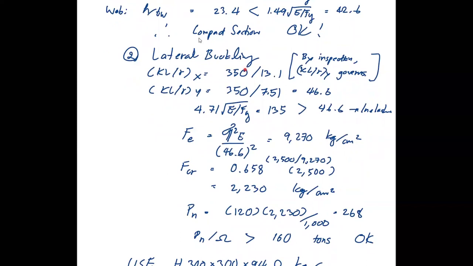And the smaller KL over R will give you greater P nominal. So now you know which load you are going to choose. But naturally, you should feel that this way is more slender, so it should lose stability in that axis or in that direction first. It's only natural.